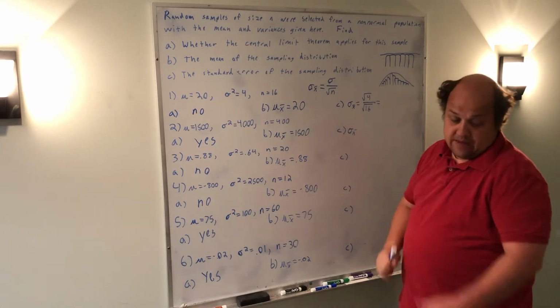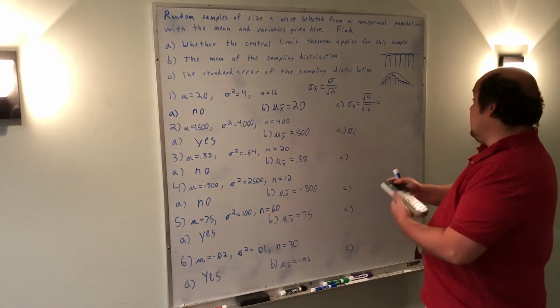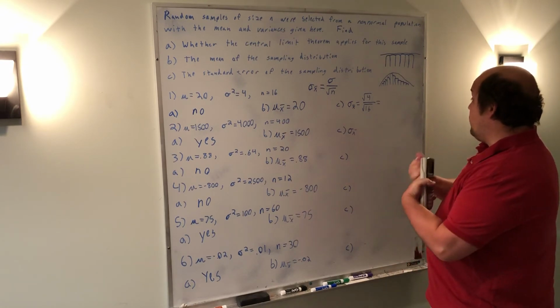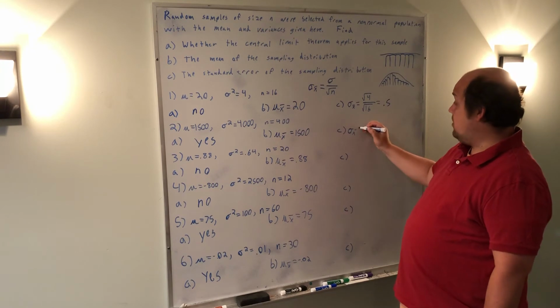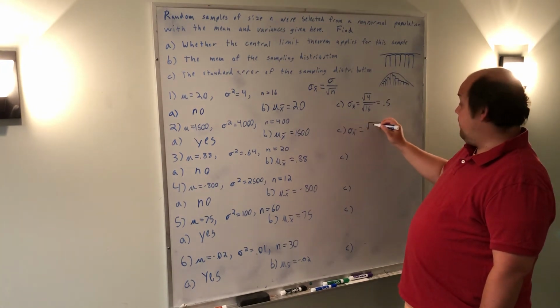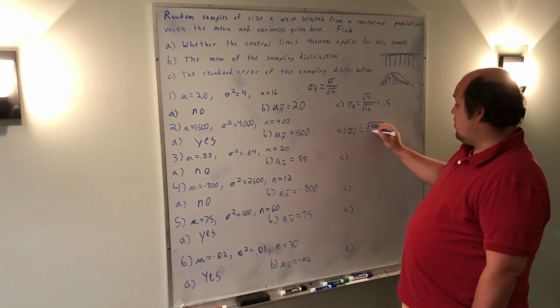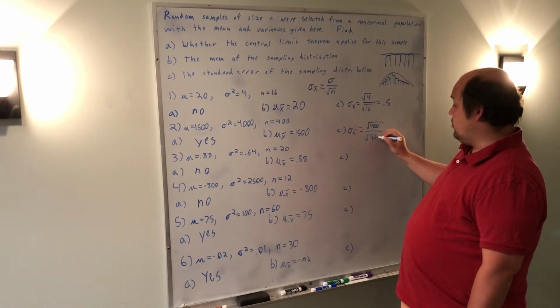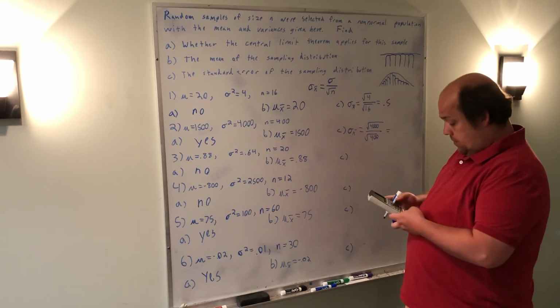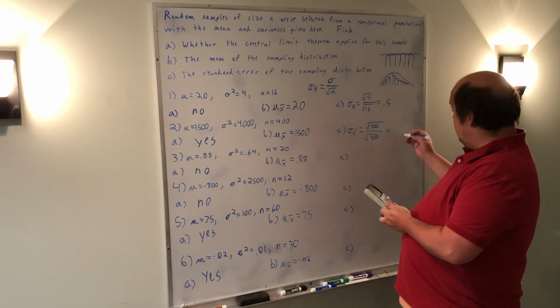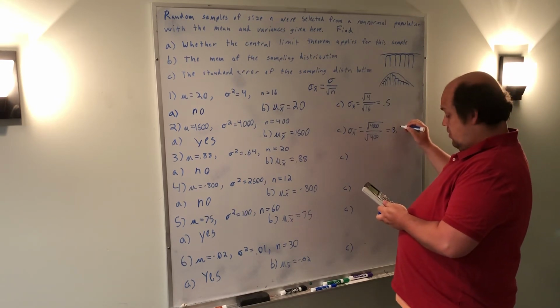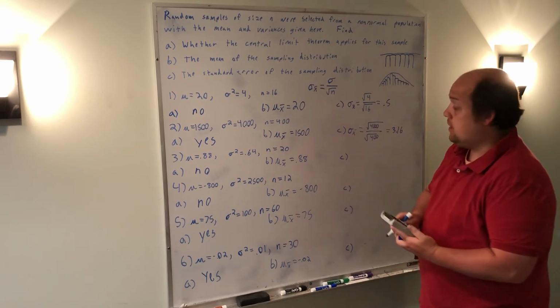When I put this into my calculator, the root of 4 over the root of 16 gives me 2/4 or 0.5. For number 2, I'm going to need to take the root of 4,000 over the root of 400. When I put that in my calculator, I get 3.16.